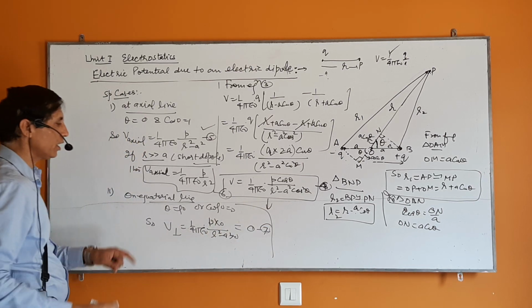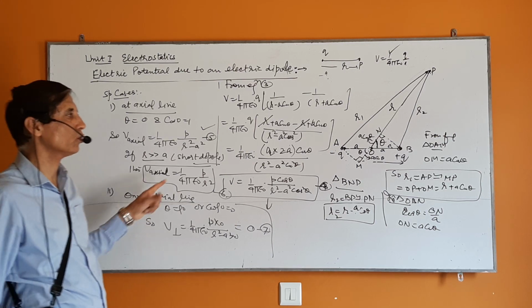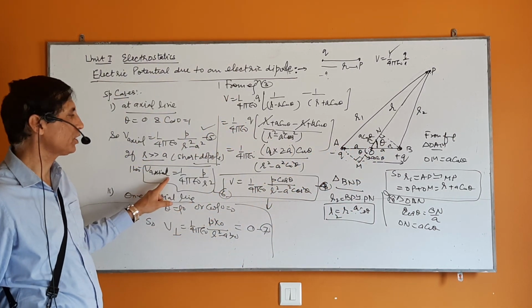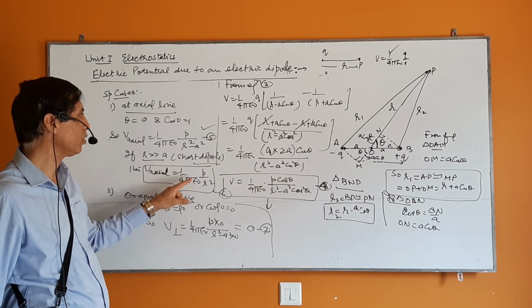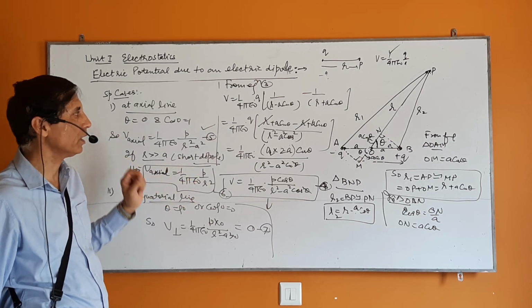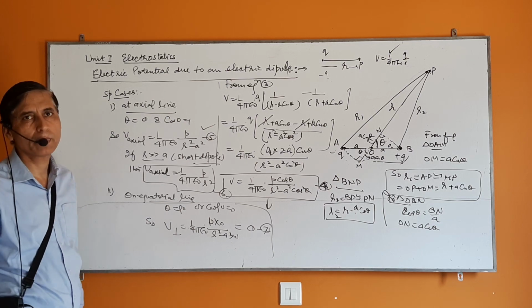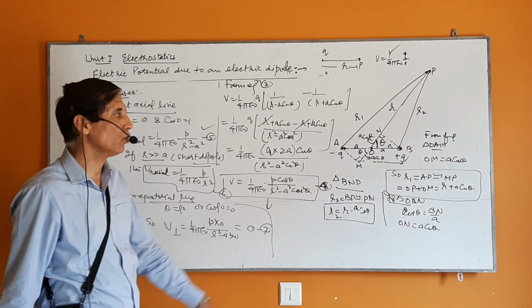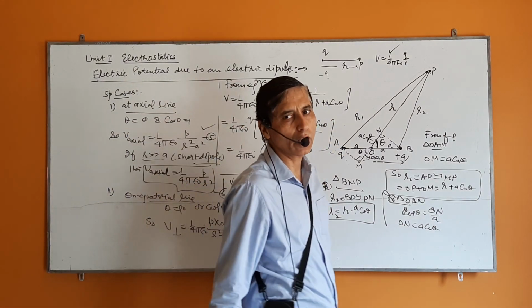So the potential at equatorial line due to an electric dipole is always 0, but on axial line it is 1 upon 4 pi epsilon naught P upon R square. This is the formula of electric potential due to electric dipole. So this is the way to derive the expression.